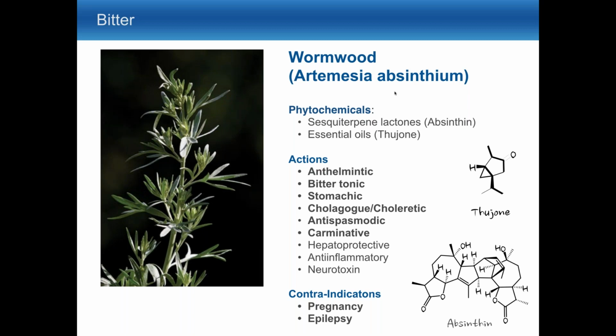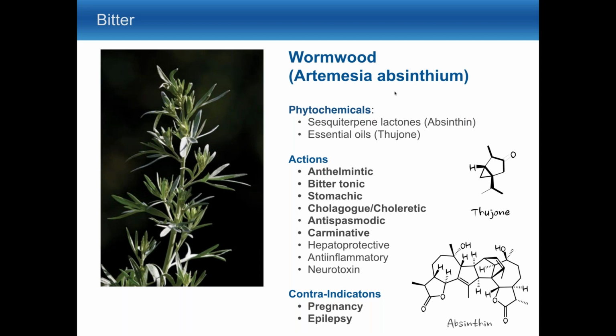And so as a bitter, you're going to get the stomachic, the cholagogue, the choleretic, but the essential oils and maybe some other constituents give it a carminative and antispasmodic effect. And so some herbalists and herbal traditions will give wormwood, in addition to being used for intestinal worms, and say that it's indicated for biliary colic.